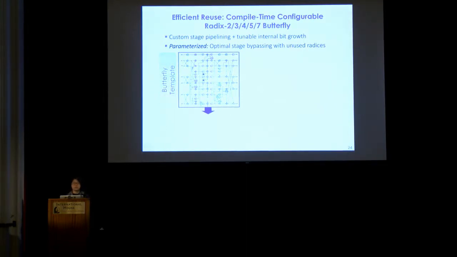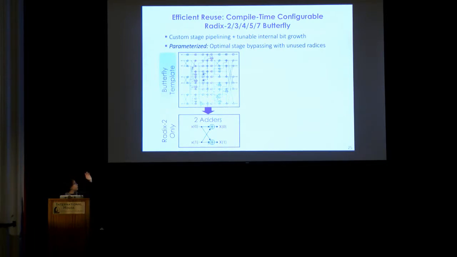If you wanted to look at compile time configuration, this radix template, this butterfly template, supports custom stage pipelining and also tunable internal bit growth, so you can perform some design space exploration and optimize for this. Also, you achieve optimal stage bypassing with unused radices, and that means that I have this template that supports runtime reconfigurability from radix 2, 3, 4, 5, and 7, but for example, I only want to generate a 2 to the n FFT.